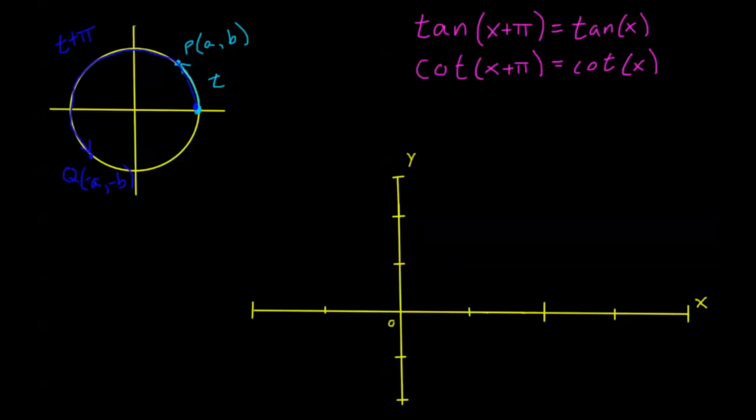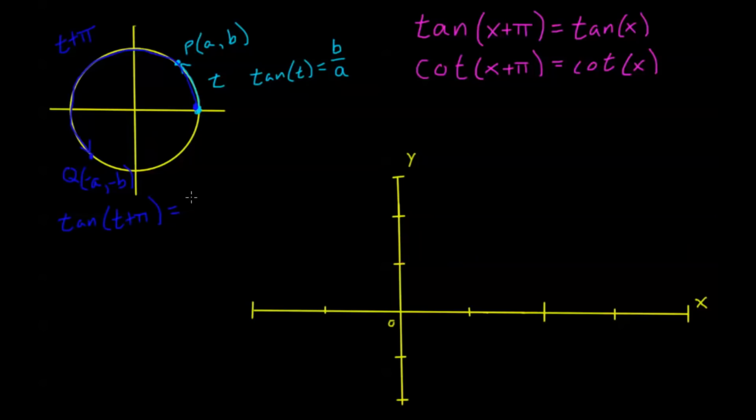So what does this mean? Well, in quadrant 1 here, we see that my tangent of t is going to be equal to my y value over my x value, right, by our definitions. So b over a. Whereas over here at Q, I have tangent of t plus pi.